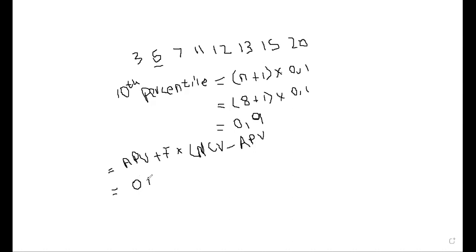Then plus our fractional part, which is 0.9, multiplied by the next consecutive value. Since we didn't have the approximate percentile value, there's no way we can have the next consecutive value, meaning it's going to be 0, minus 0.